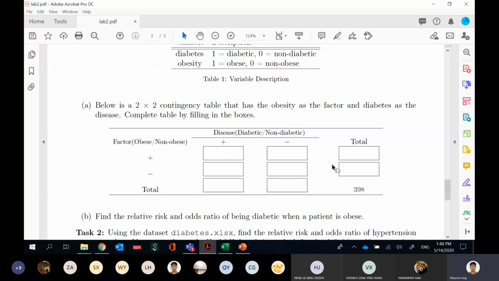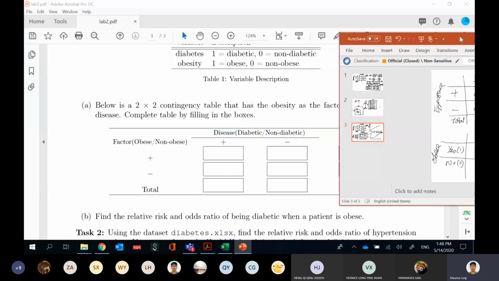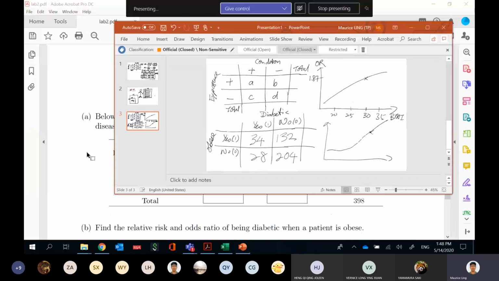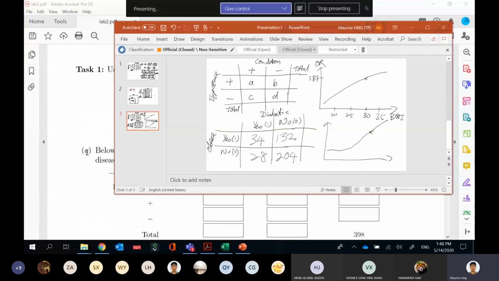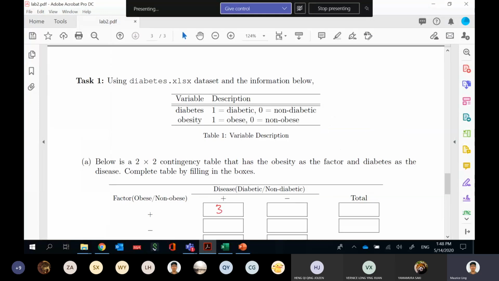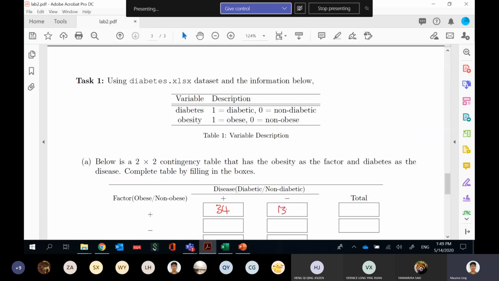So here you can fill out all your numbers. It's basically the same numbers that we have. Okay, so here are the numbers that we have. 34 and 128, 132, 132, 28, 20 something, right? 204.